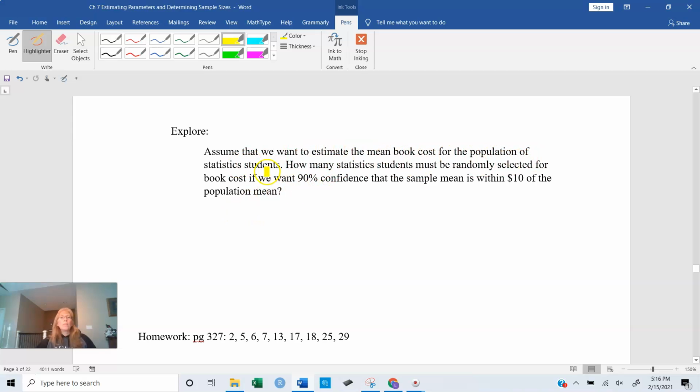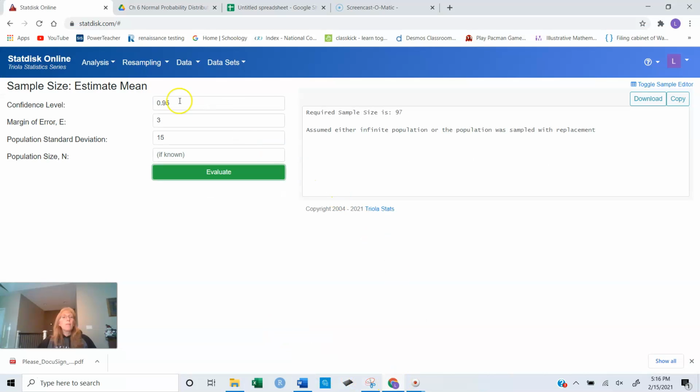Okay, how many students must be randomly selected for the cost of the book if we want a 90% confidence interval. The sample mean is within $10 of the population mean, so this is our error. Now, remember we have to find this from our data. So I hope you went to StatDisk. All right, we want a confidence level of 90% this time.